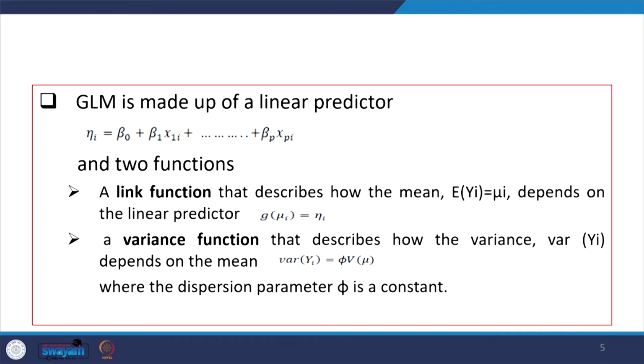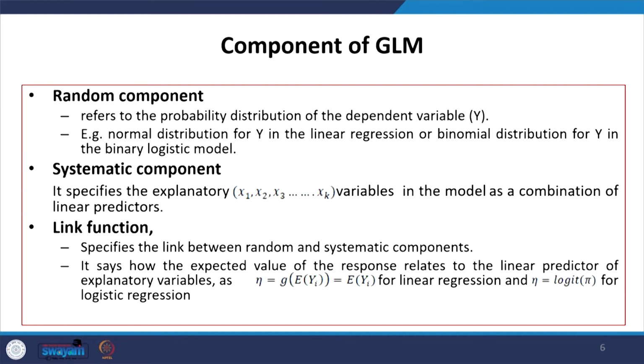The second is the variance function, which describes how the variance, that is the variance of yi, depends on the mean value, where the dispersion parameter theta is considered to be constant.